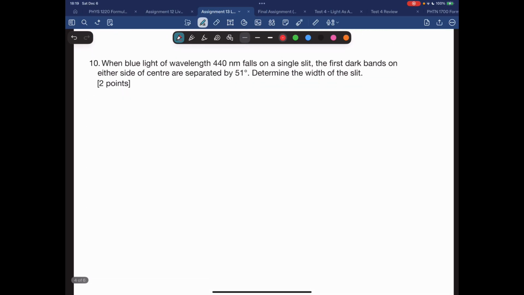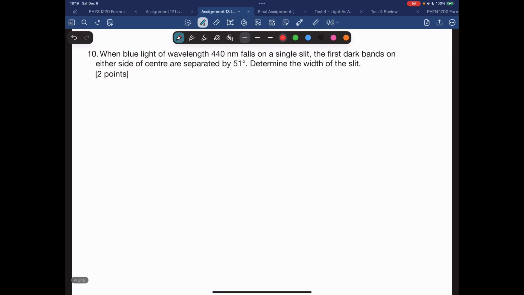Okay, question 10. When blue light of wavelength 440 nanometer falls on a single slit, the first dark bands on either side of the center are separated by 51 degrees. Determine the width of the slit.